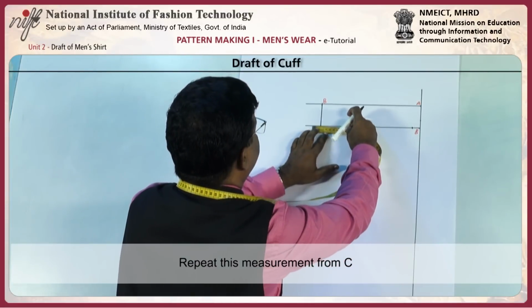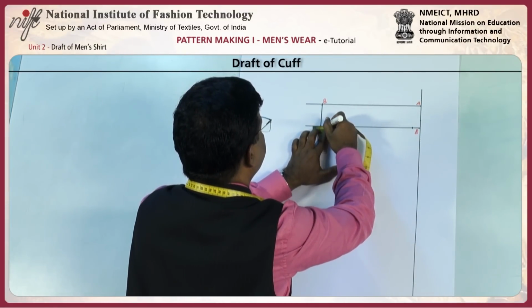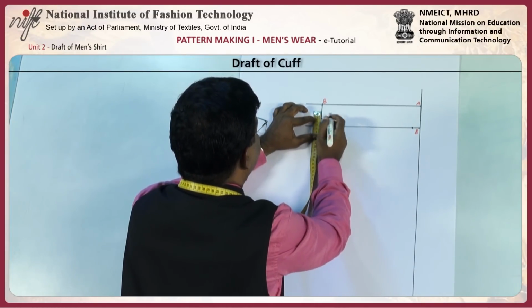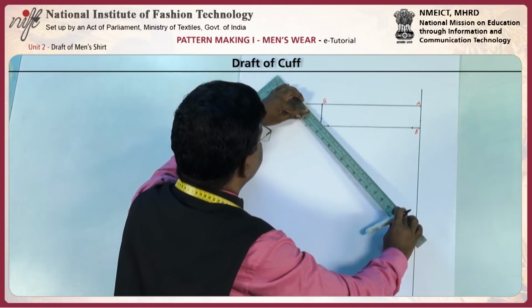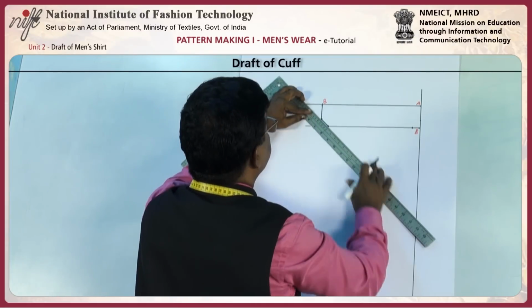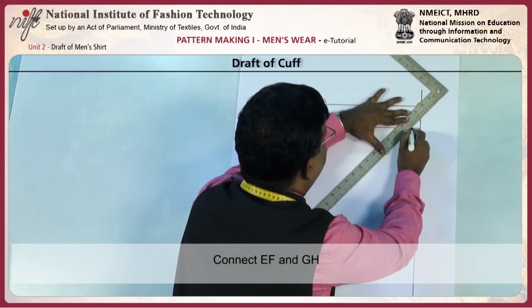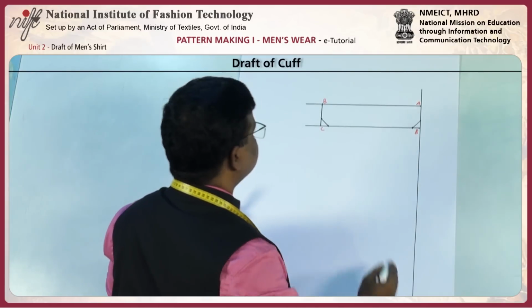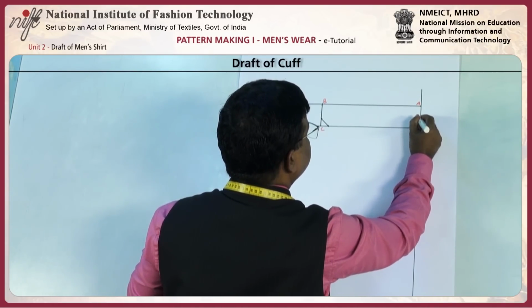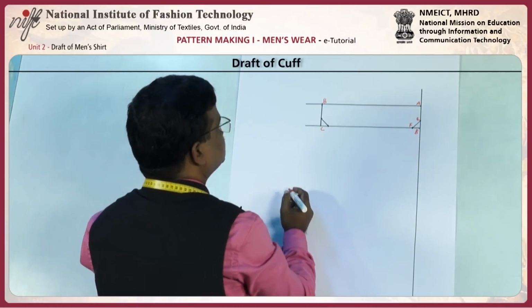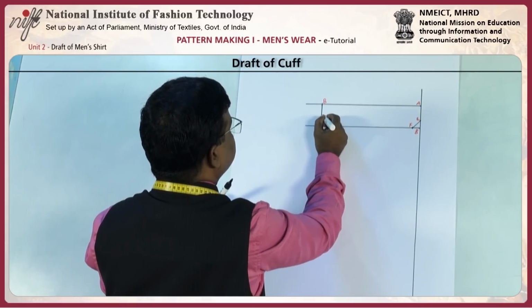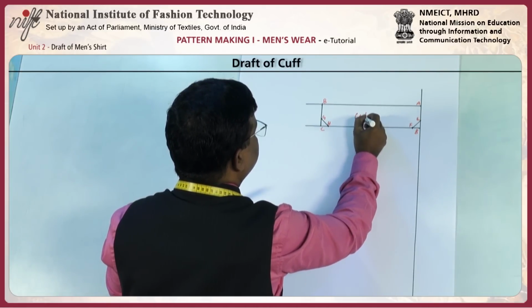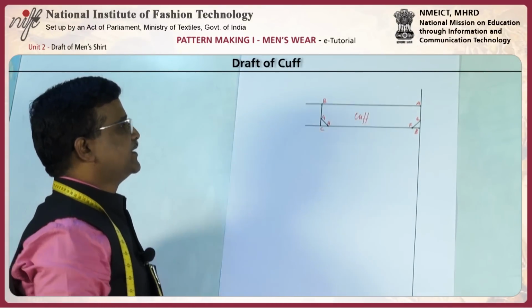Repeat this measurement from C. G and H. Connect EF and GH. With this, cuff is complete.